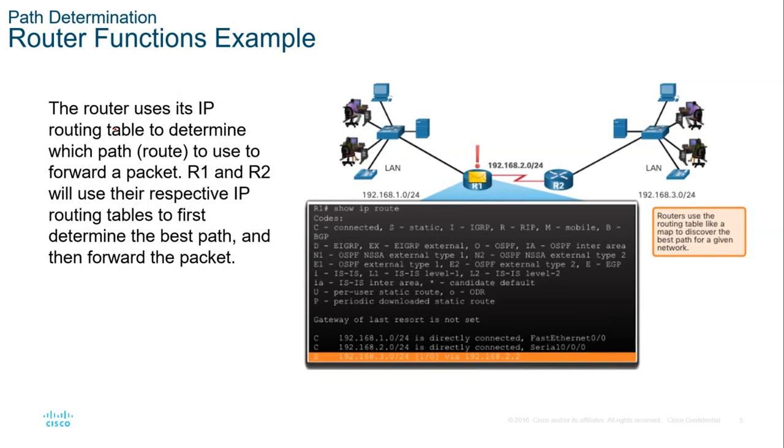So, router functions example: a router uses its IP routing table to determine which path or which route to use to forward packets.